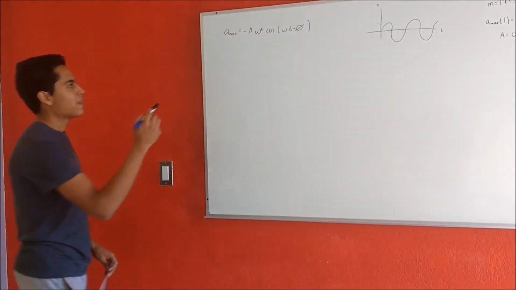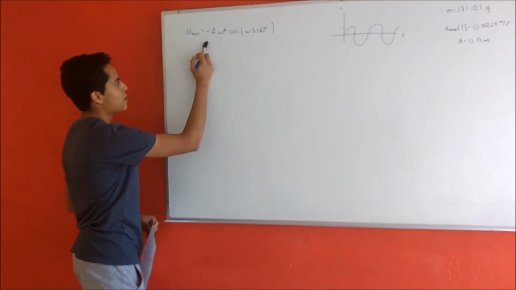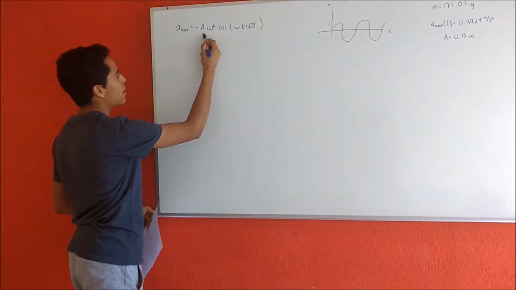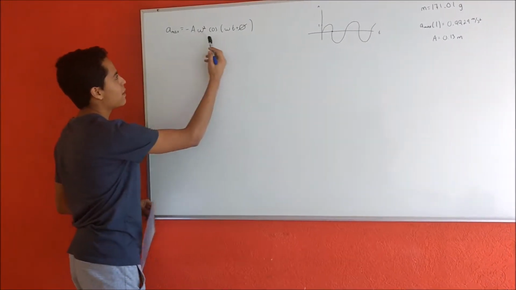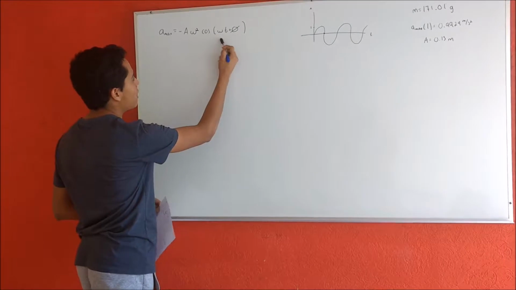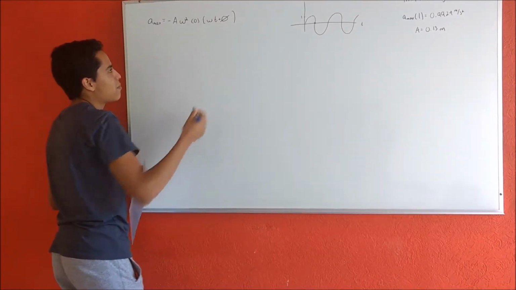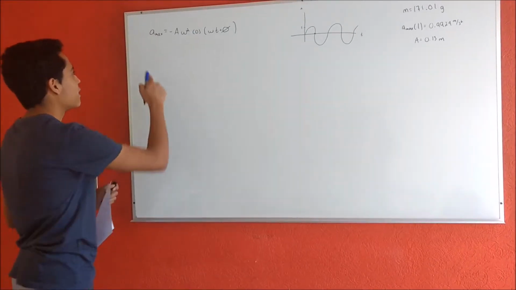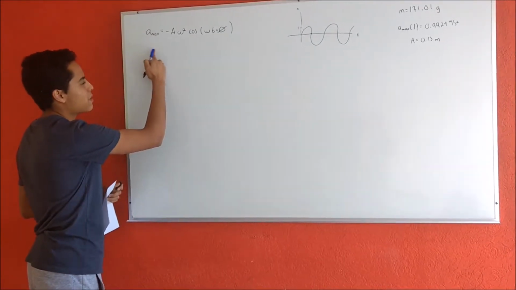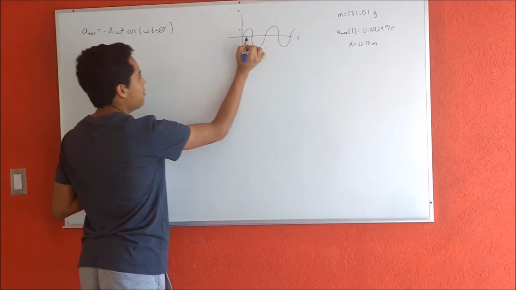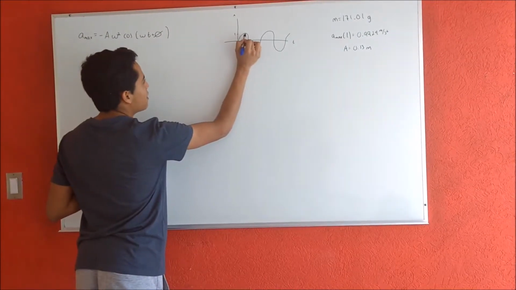So we have that the formula for the acceleration is equal to minus the amplitude times omega squared times cosine of omega times the time plus phi. But we know that the acceleration is maximum when it is on the limit.